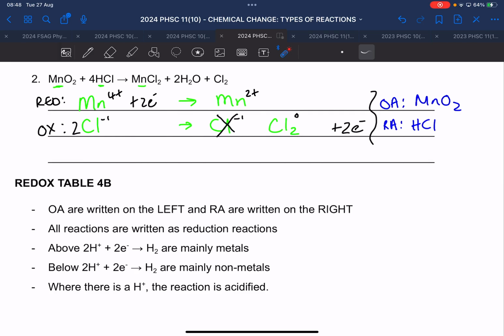Okay, then I'm going to hand out table 4B to you. Please add it to yourself. Up until now, we have looked at the half reactions and we figured out what goes where.